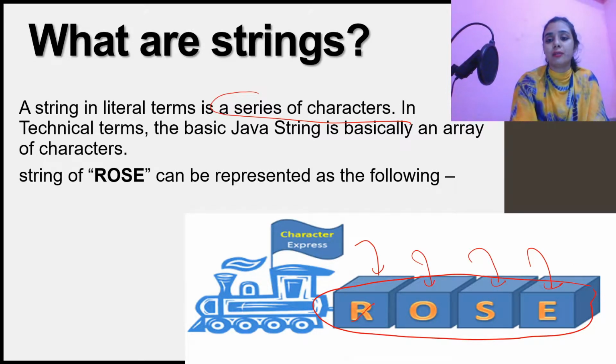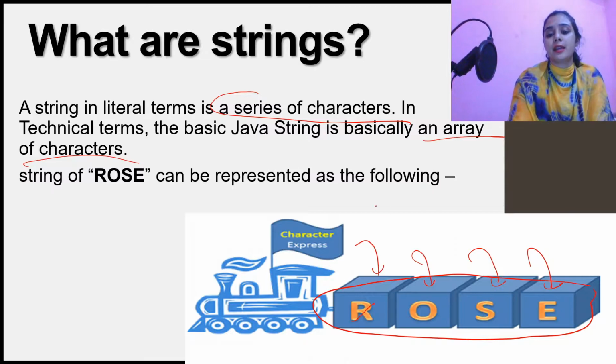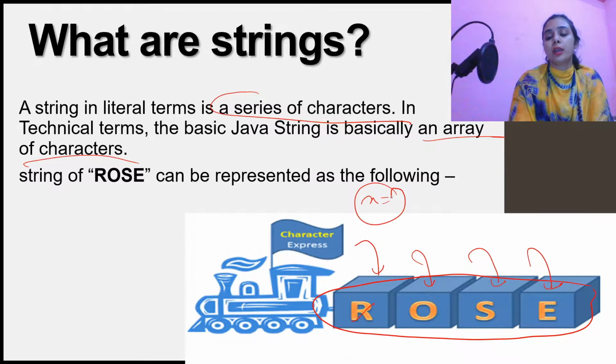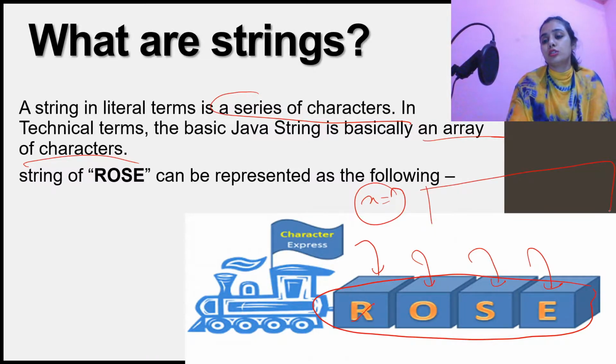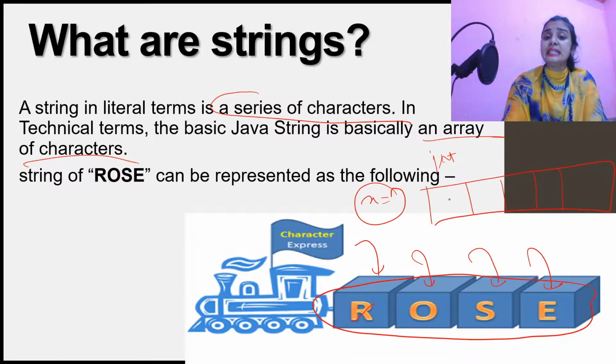We can say that a string is an array of characters. Let's take an example of arrays here. For example, this X, so X is the name of my array. This is a 1D array, an integer type of array, so obviously all the values inside this array will be integer type only.